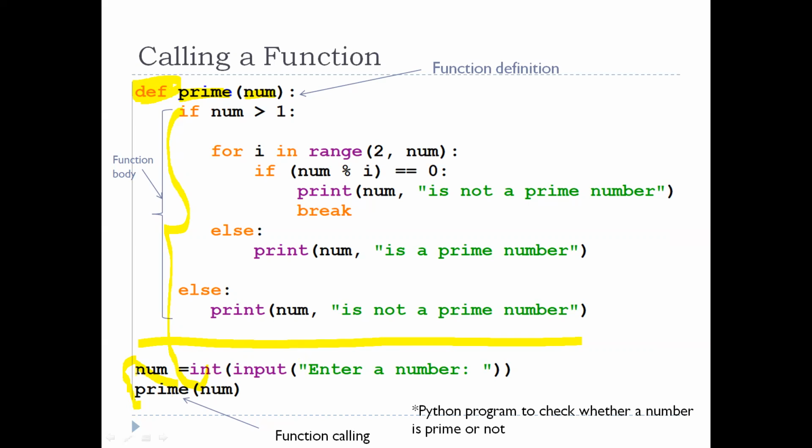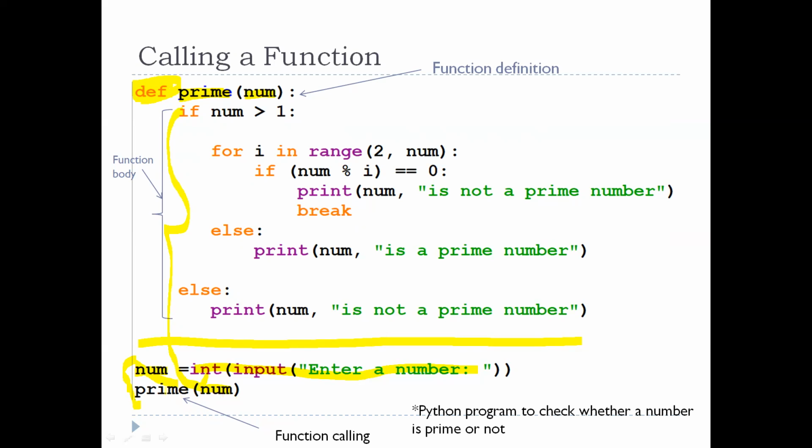Here I am taking a number from the user. I am asking for an integer input, so I ask the user to enter a number. The user will enter some integer and I will pass that input to the function prime. So this is function calling.